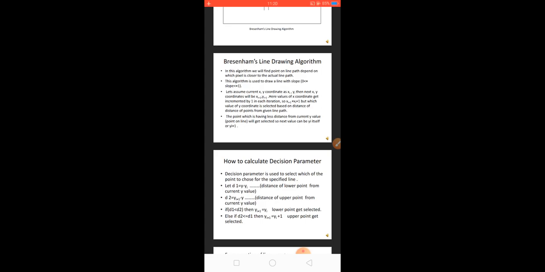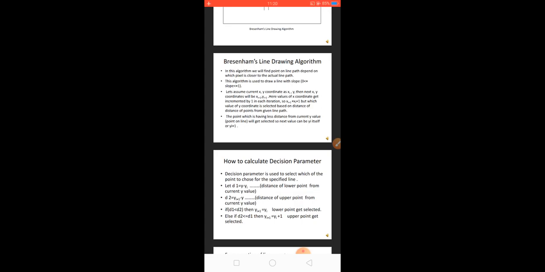One thing you should remember is that the x coordinate gets incremented by 1 in each iteration, and the y value may or may not get incremented by 1. This algorithm is used only for lines having slope greater than or equal to 0 and less than or equal to 1.